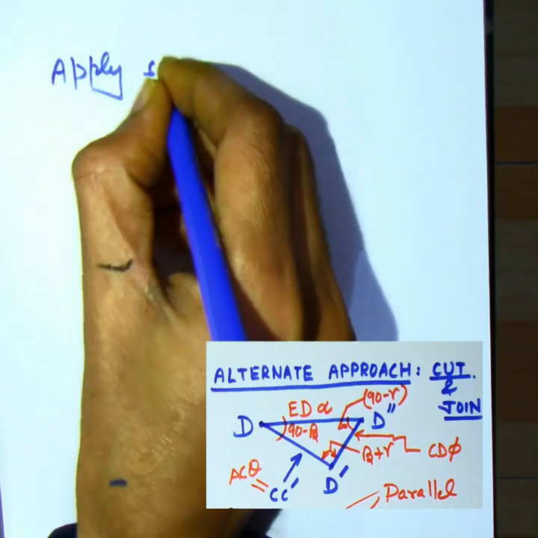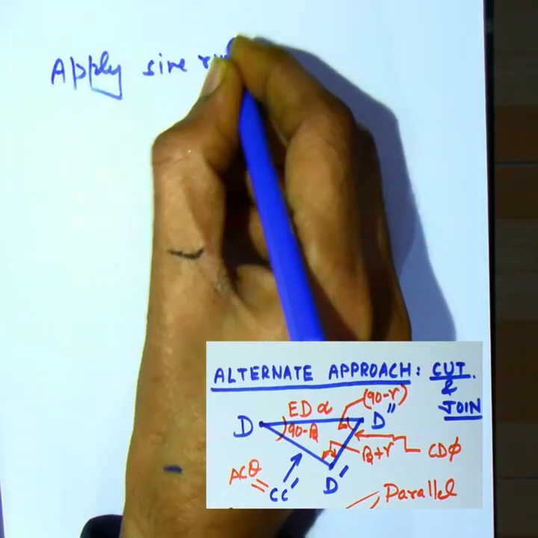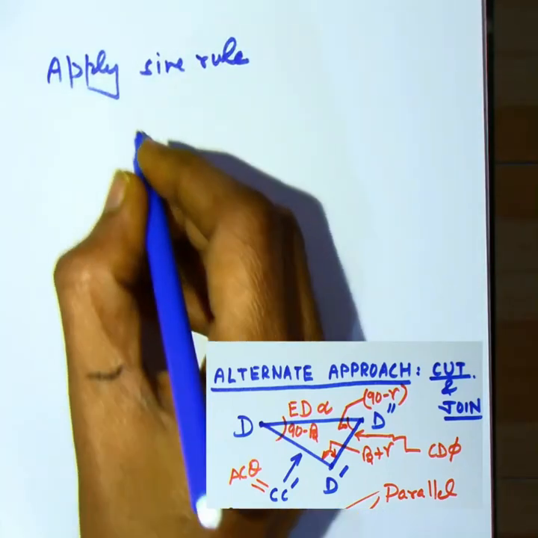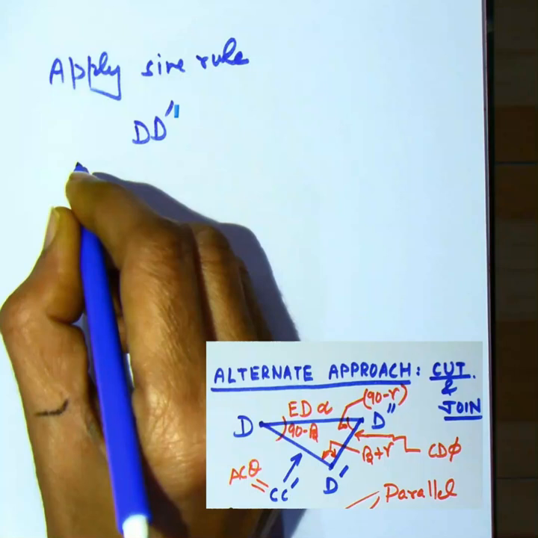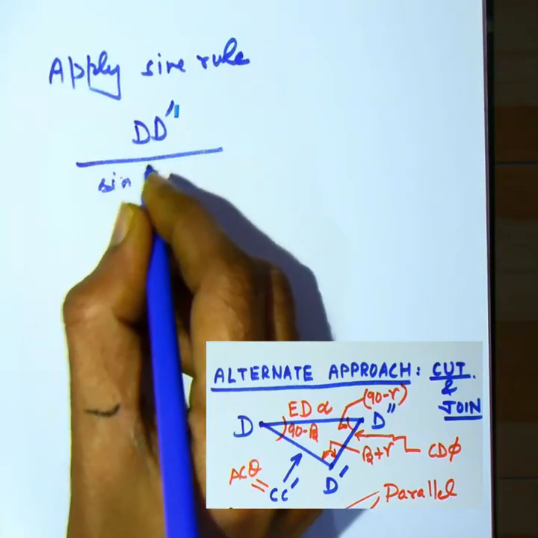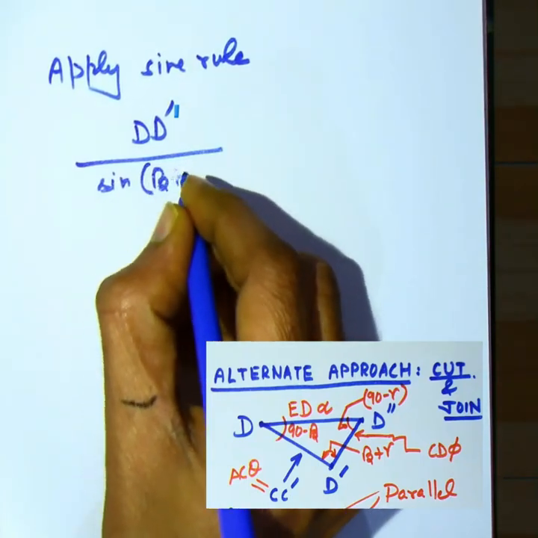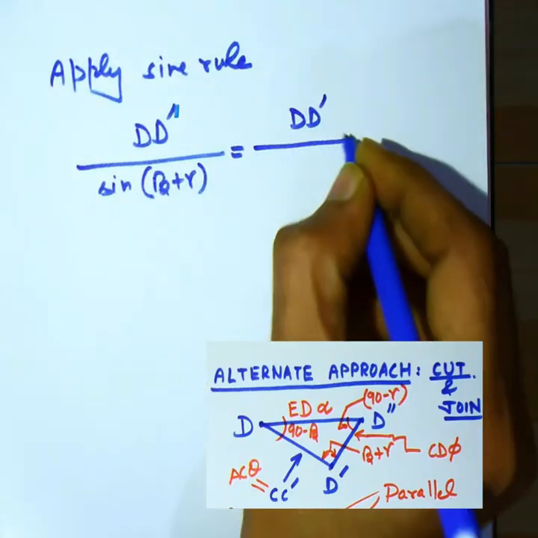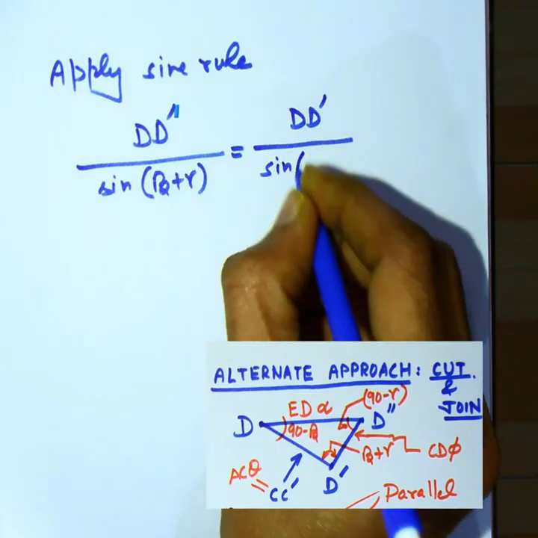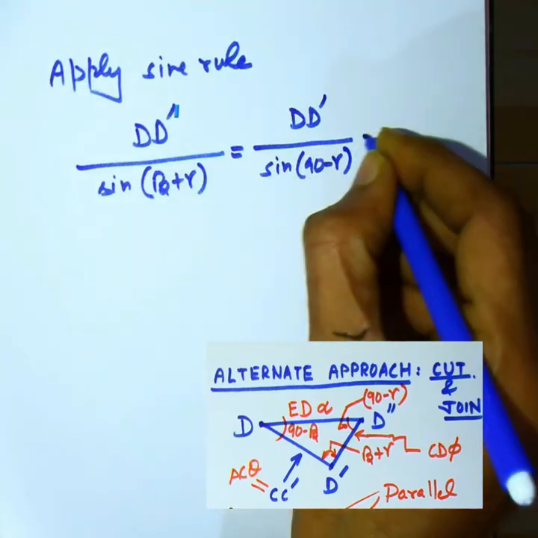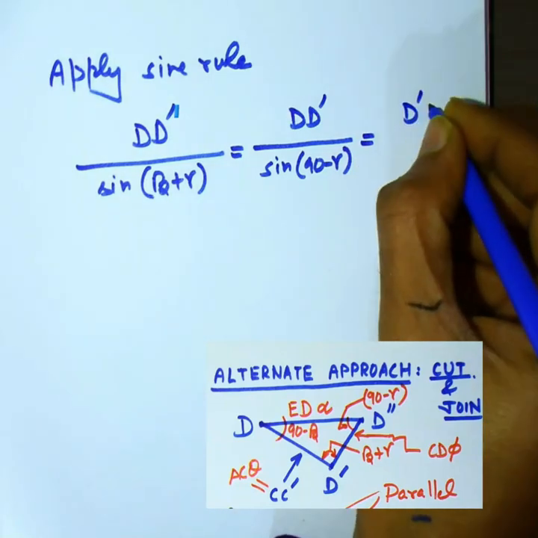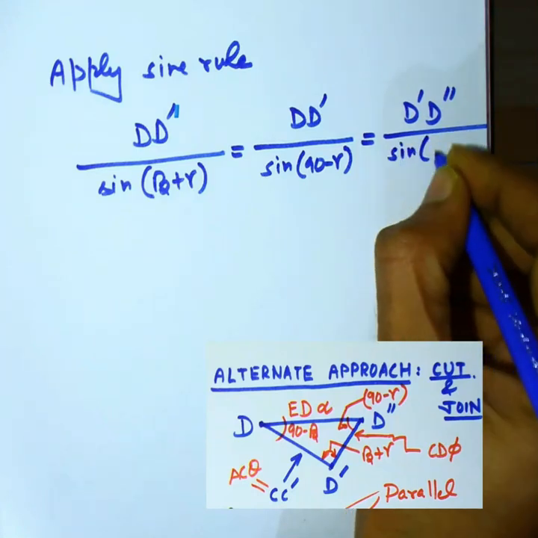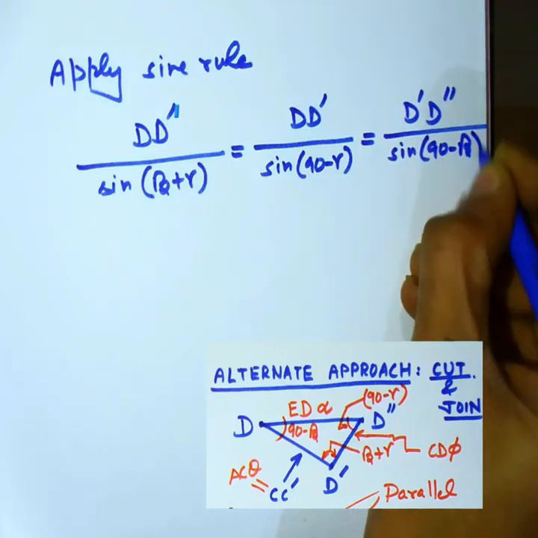Now we simply apply the sine rule to triangle D, D dash, D double dash. So applying this rule, we can write D D double dash divided by sine of beta plus gamma equal to DD dash divided by sine of 90 minus gamma, and this must be equal to D dash D double dash divided by sine of 90 minus beta.